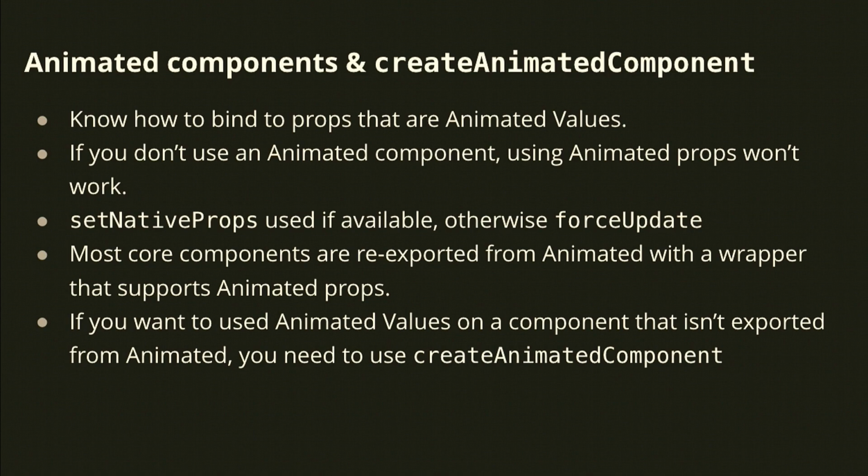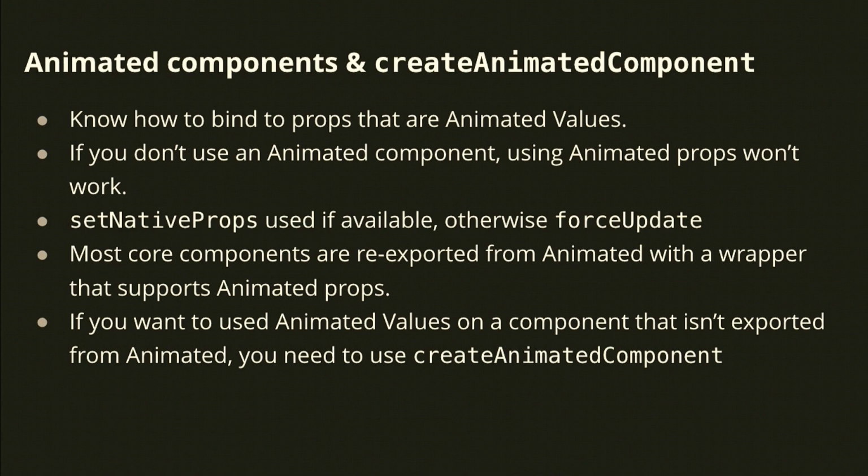And basically all that animated is doing when it re-exports these is it's calling this function called create animated component, and then calling that with the view component, and then returning the return value of that. So it's a higher order component that wraps the view and knows how to handle these animated props.